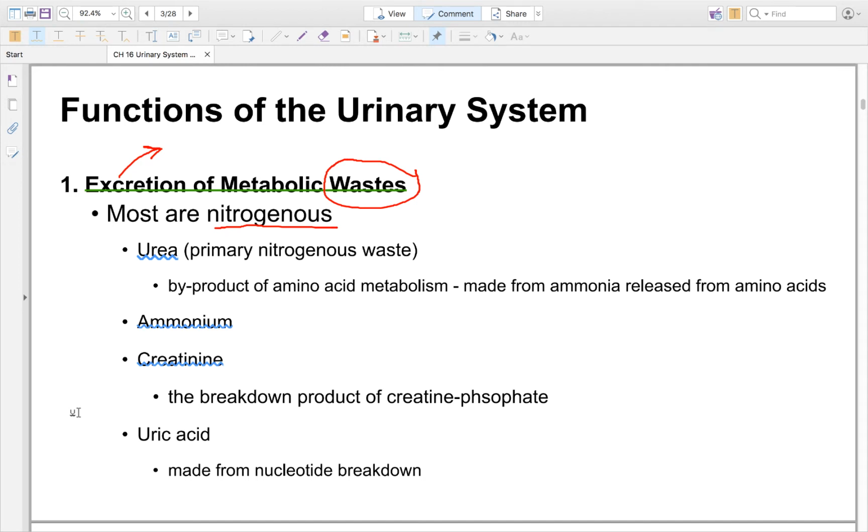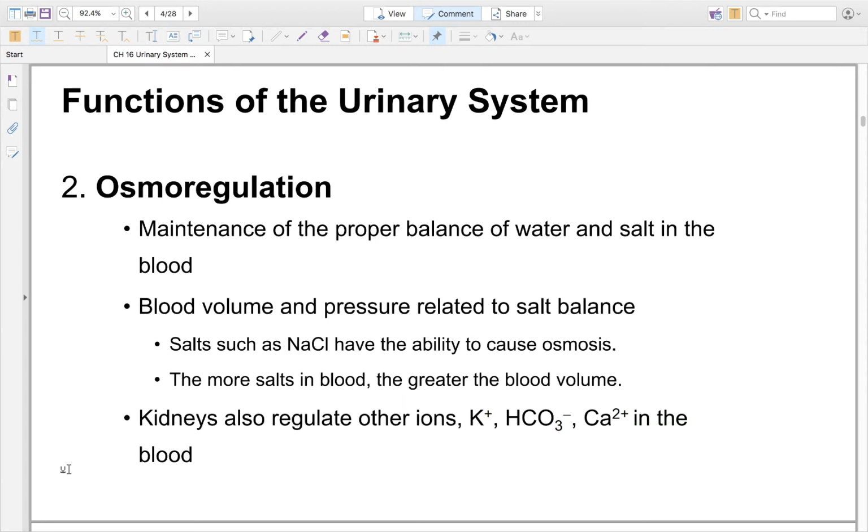Not the big formula of cellular respiration, a different type of cellular respiration in the muscles. All right, then we have uric acid. This is from when your body breaks down nucleotides, it releases some uric acid, and these all have to be removed, and so they are.